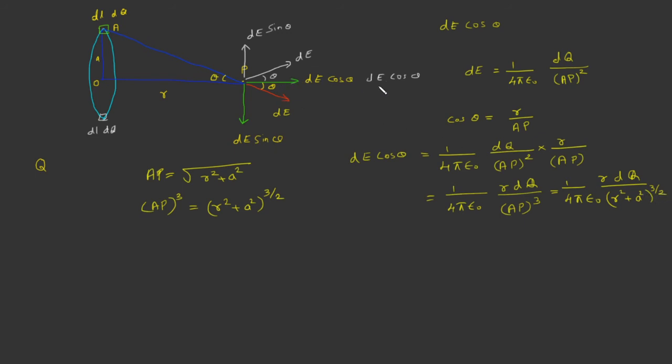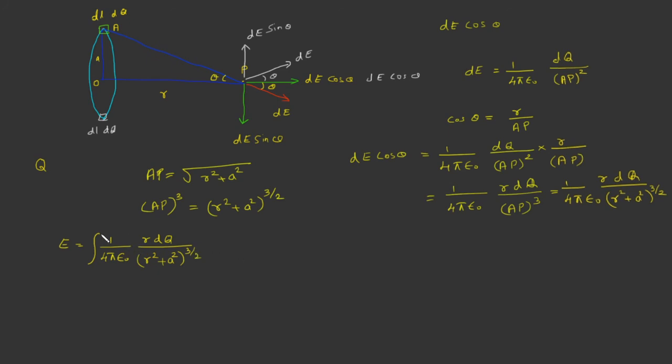Now our aim is to find the electric field due to the whole ring. For that we need to integrate this value. So the magnitude of electric field E is the integral of 1 by 4 pi epsilon 0 R dq divided by R square plus A square the whole raised to 3 by 2.